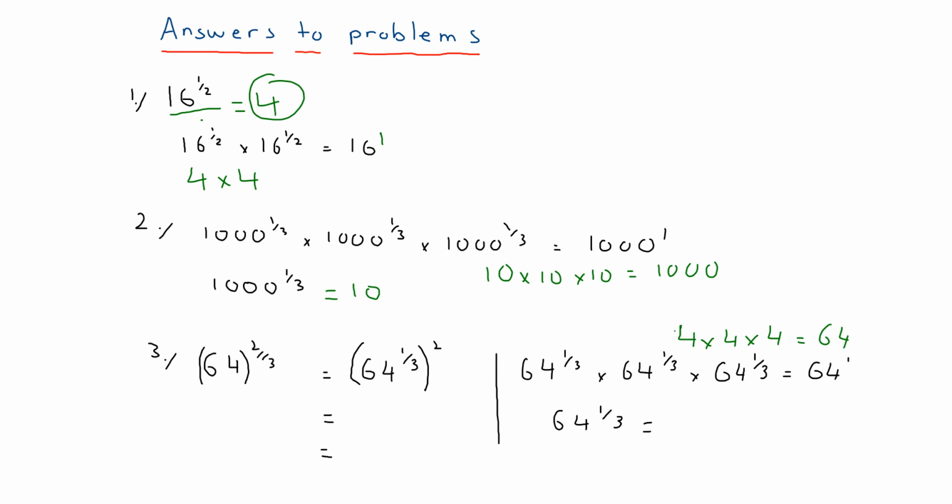So 64 to the power of a third equals 4. And I've still got a squared there. So it's 4 squared, and 64 to the power of 2/3 is 16. I hope you got all of those right. So there's our 3 answers. Okay, on with the lesson.